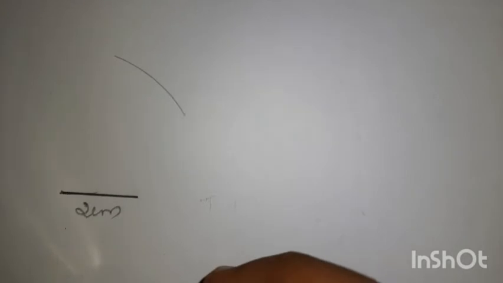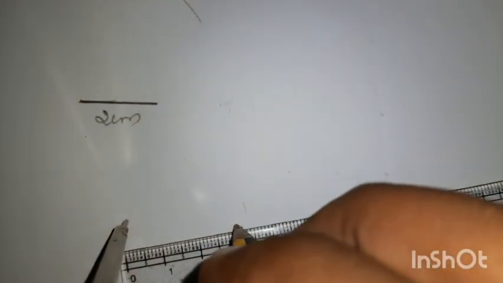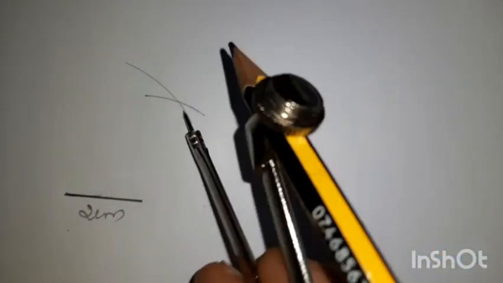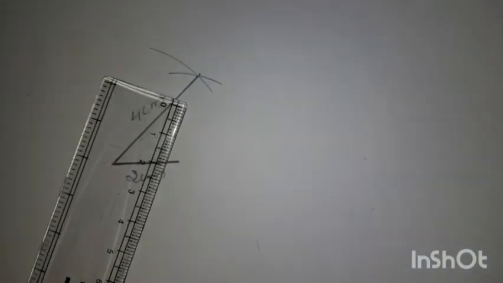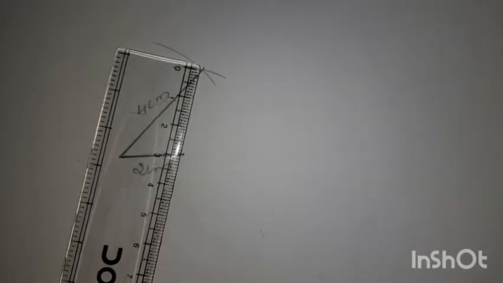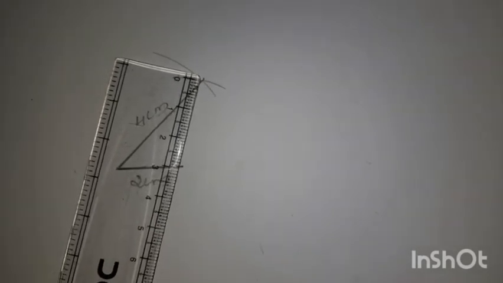Then take 3 centimeter in your compass, then draw the next arc. Then you have to join the triangle. Draw the line of 4 centimeter. Next you can draw a 3 centimeter line here and complete the triangle.